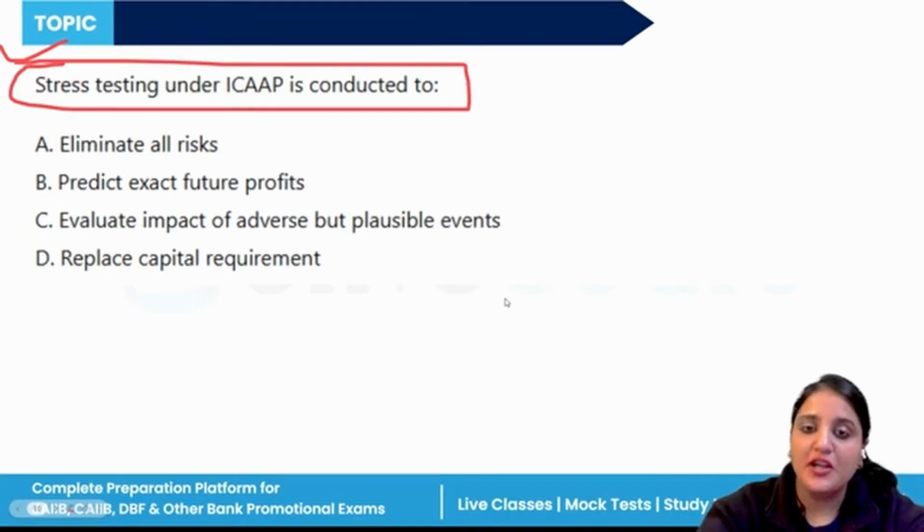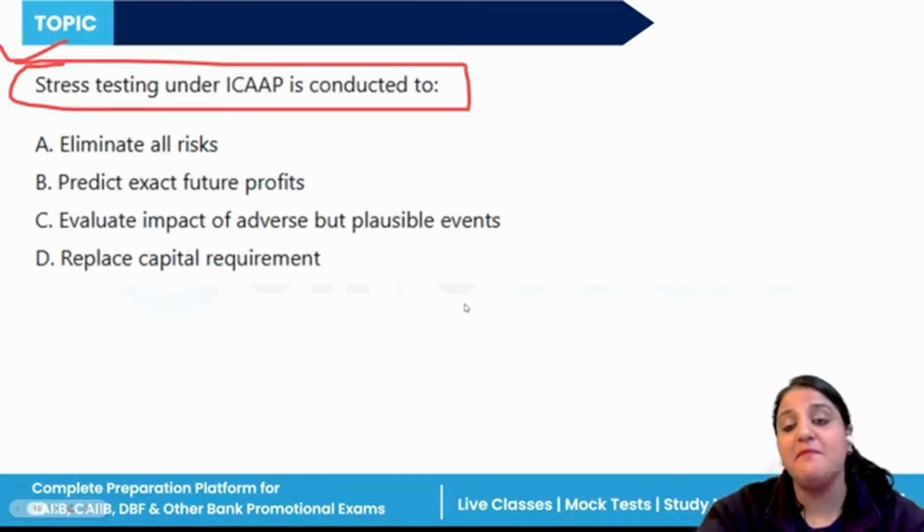The purpose is to evaluate the impact on capital, profitability, and liquidity. So stress testing under ICAAP is conducted to evaluate the impact of adverse but plausible events on the bank's capital and risk exposure.